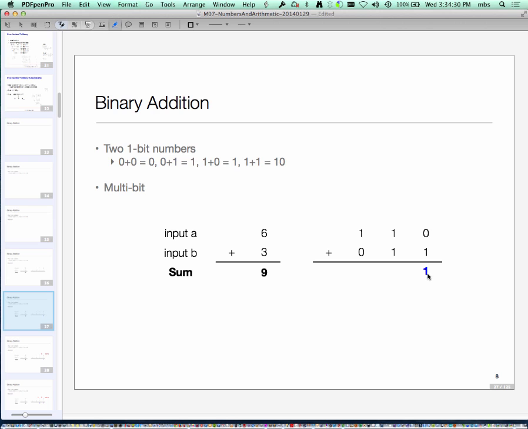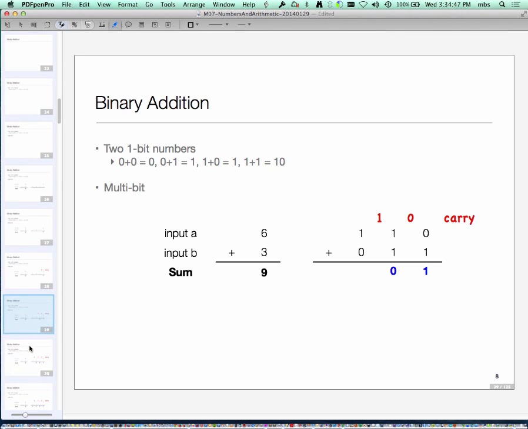So there's no carry. Next position, 1 plus 1 gives me a 0 with a carry of 1. And then finally, I have a carry of 1 coming in, and I have a 1 here and a 0 here. 1 plus 1 plus 0 is 2, so I put a 0 here and there's a carry out of 1.